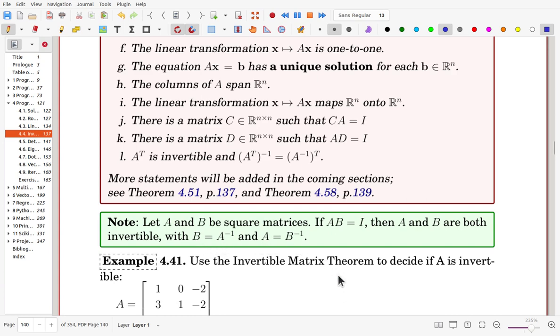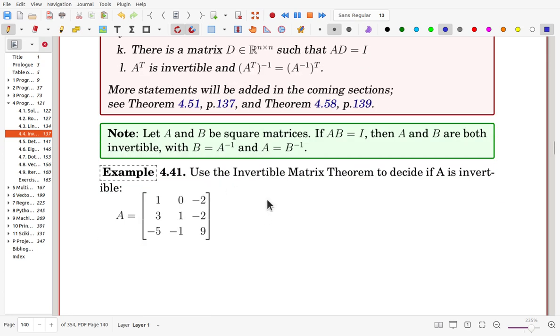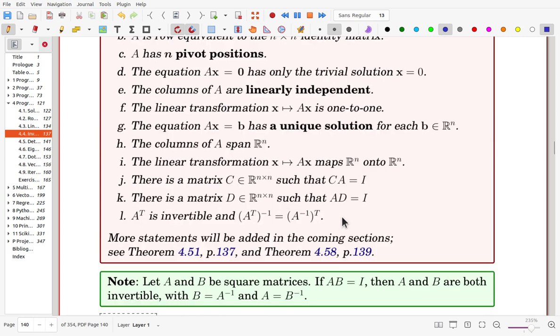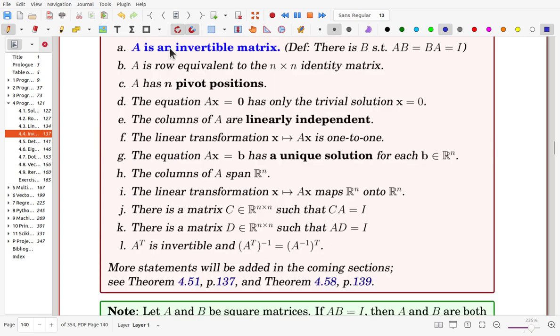Right? So the definition of inverse is also a sort of symmetric definition. Use the invertible matrix theorem to decide if A is invertible. Once you verify one of these statements, then that's it.